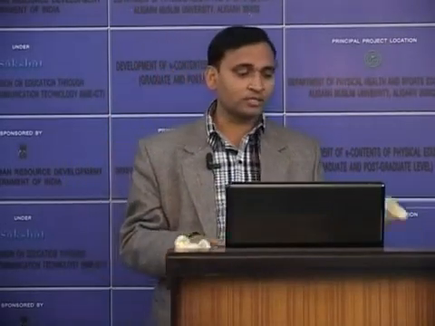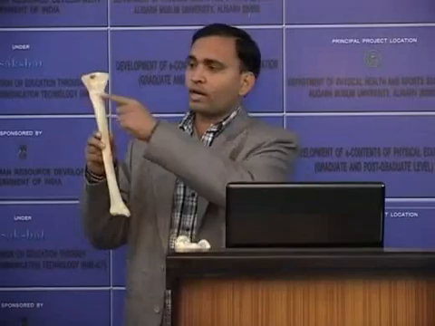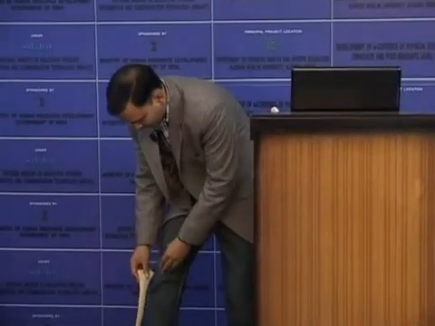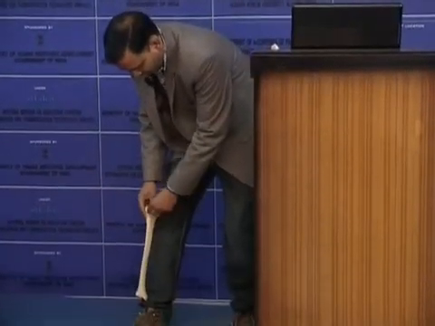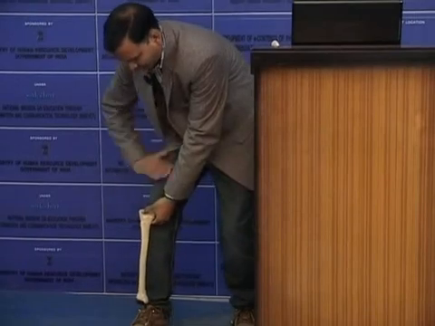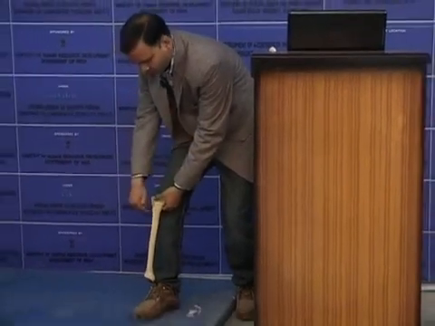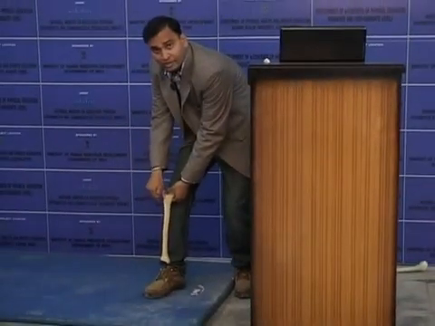So the quadriceps muscle is a powerful muscle because it is made up of four strong muscles, and all four muscles unite and make a tendon, and commonly this tendon inserts over the tibia. This is a tibia, and all tendons come along the anterior, lateral and medial side and insert over the tibial tubercle.